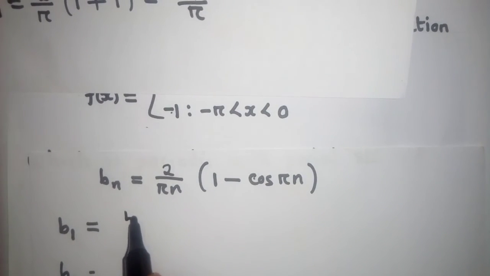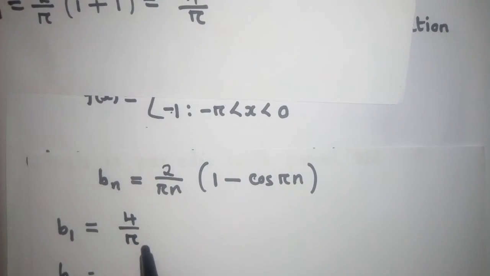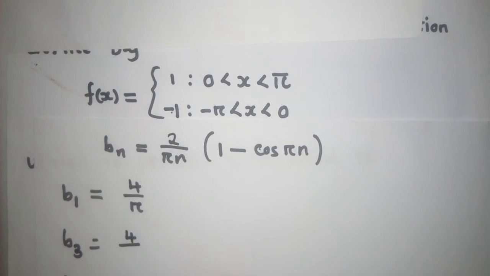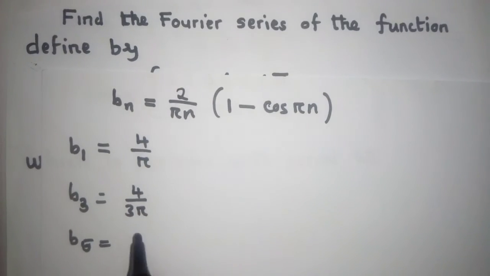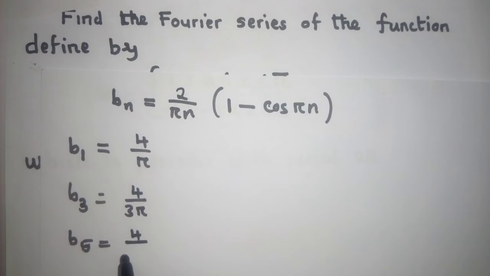So for b1, we found it to be 4 over pi. b3 will be 4 over 3 pi. This one will be 4 over 5 pi.